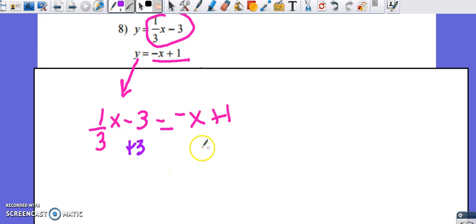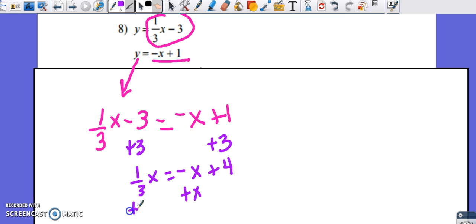I'm going to add 3. 1/3 x equals negative x plus 4, add x. So that's really 4 thirds x equals 4.